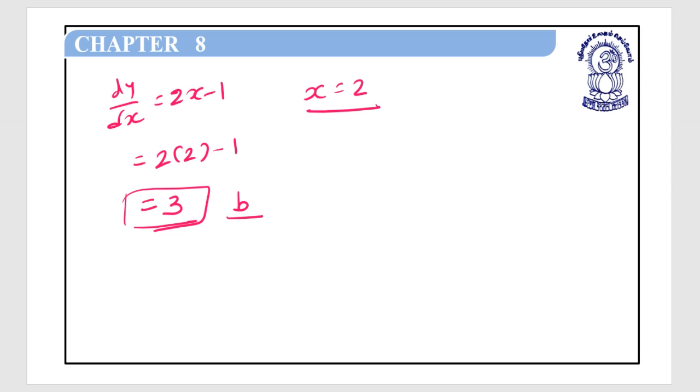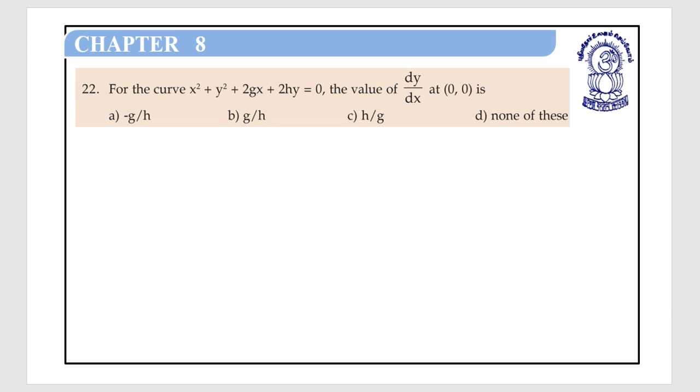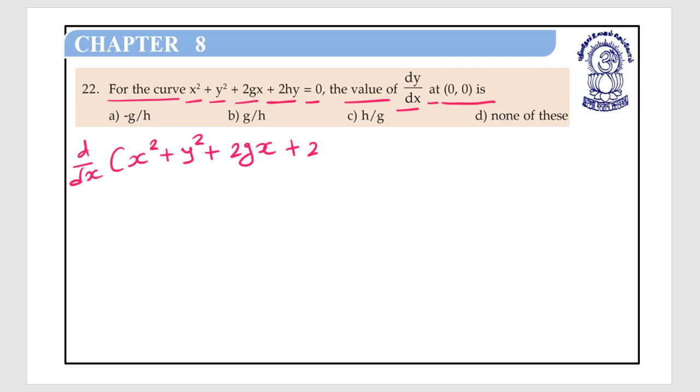Now move to the next question. Question number 22. For the curve x square plus y square plus 2gx plus 2hy is equal to 0, the value of dy by dx at 0, 0 is. For the curve x square plus y square plus 2gx, so take dy by dx of this curve. So d by dx of x square plus y square plus 2gx plus 2hy is equal to 0.